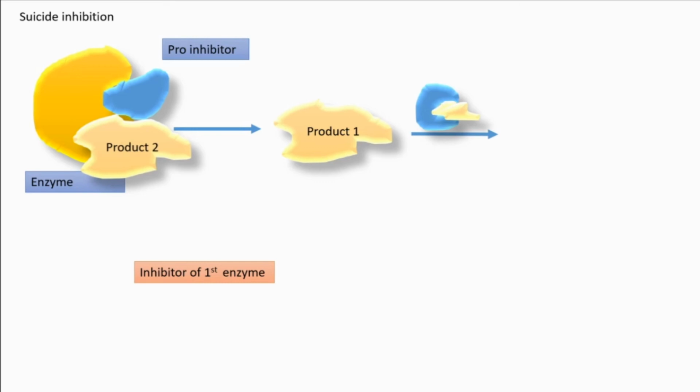Since the initial compound is converted to another, that is product 2, and that product 2 in turn goes and inhibits, that's why this inhibition is called suicide inhibition.